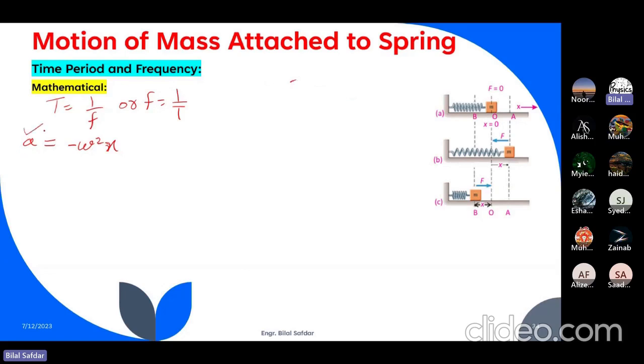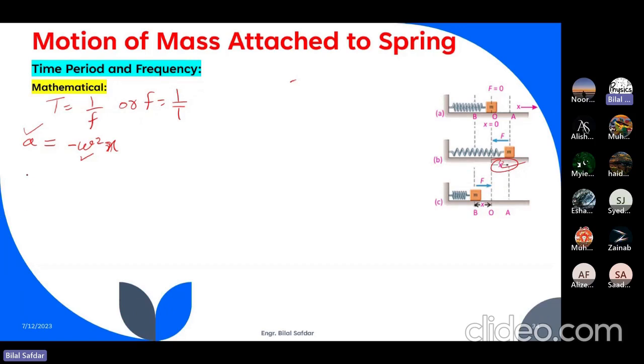Just like this is the acceleration, this is the angular velocity omega, and the next thing is the displacement x, as mentioned in the diagram. That is, x is the displacement at any instant. Now what is omega?